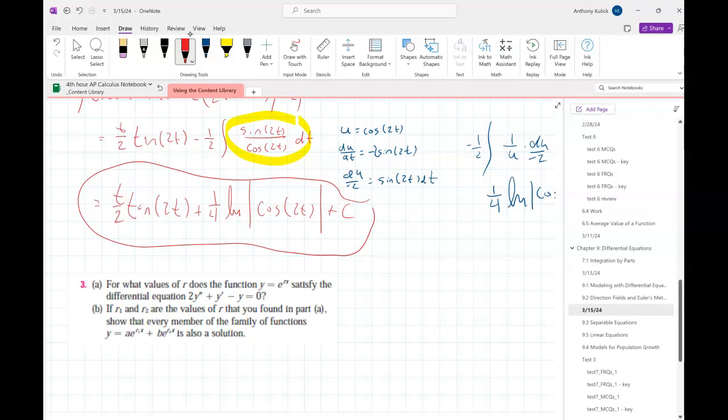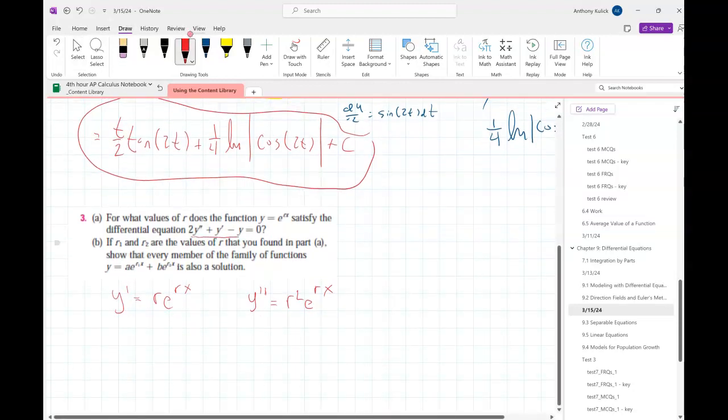Okay, so I want to start by calculating y prime. What's the derivative of e to the rx? r e to the rx. Excellent. And what's the second derivative then? Beautiful. Love it.